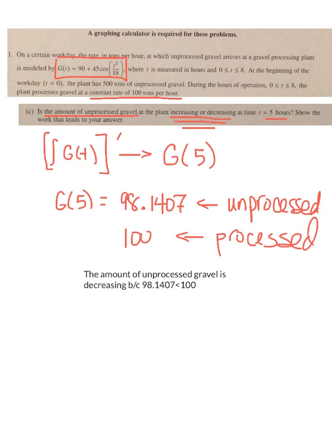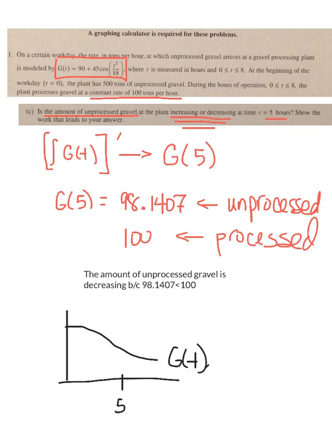Now another option for you, if you wanted to do it this way, is you have in your y1 the g of t equation, right? So couldn't you look at the g of t equation, which when you put it in is going to look like this-ish, and find out where time 5 is. Here's time 5. Follow that up, and do you see that the graph is decreasing at that time?